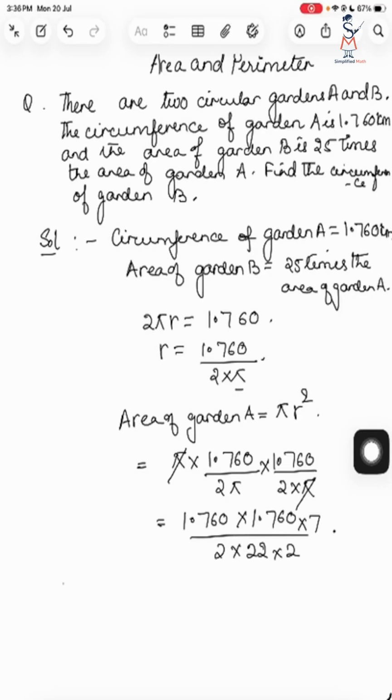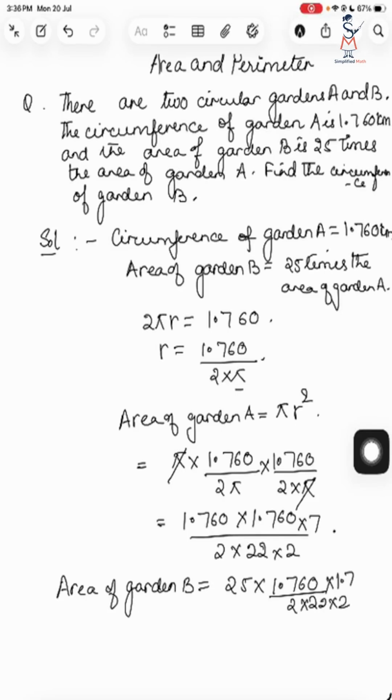So this is the area of garden A. So what will be the area of garden B? Area of garden B is 25 times area of garden A, that is 25 into 1.760 into 1.760 into 7 by 2 into 22 into 2. Now this is the area of garden B. Fine.